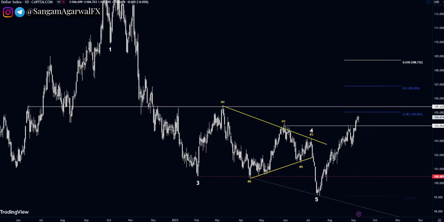Now on the daily time frame, this first key resistance is broken, with a clear candlestick closing above the resistance. The next big horizontal resistance is 105.430. This is your next and last big horizontal resistance.